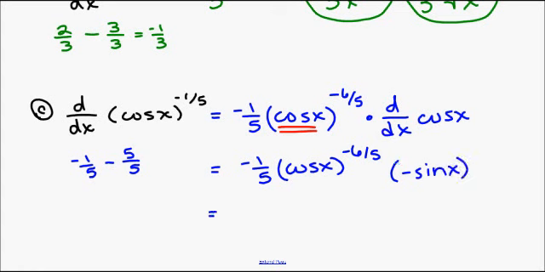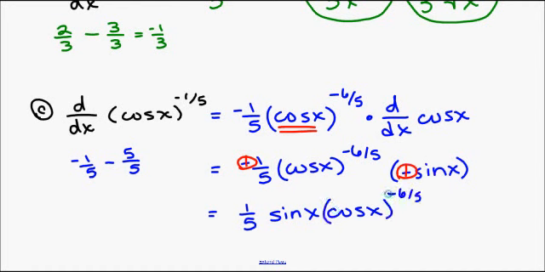Okay, so now I have a negative and a negative here and here. So those cancel out. They both become positive. And I'm left with 1/5 sine x cosine x to the negative 6/5.